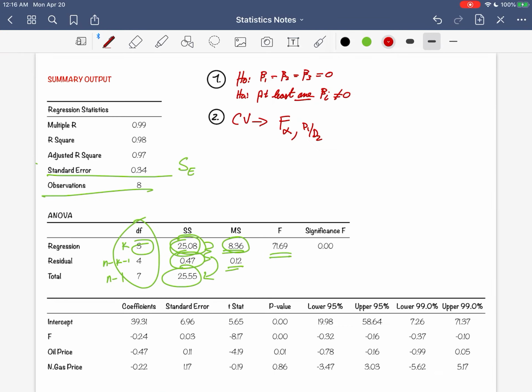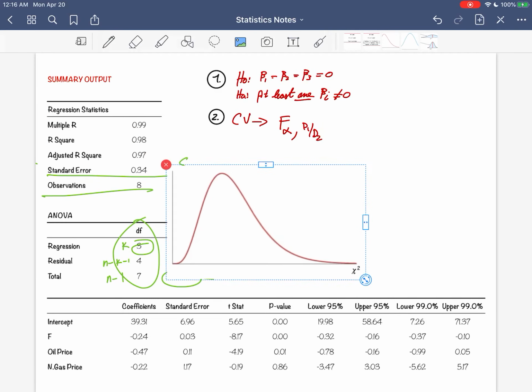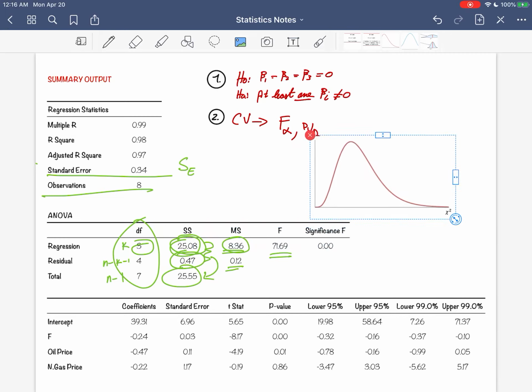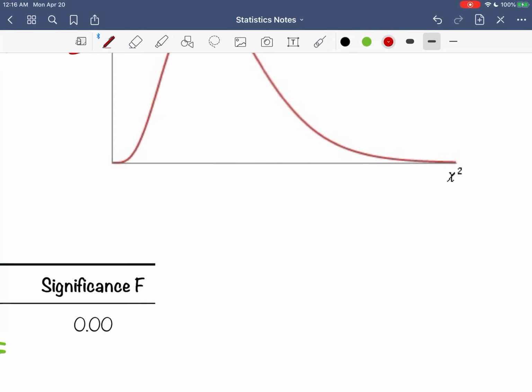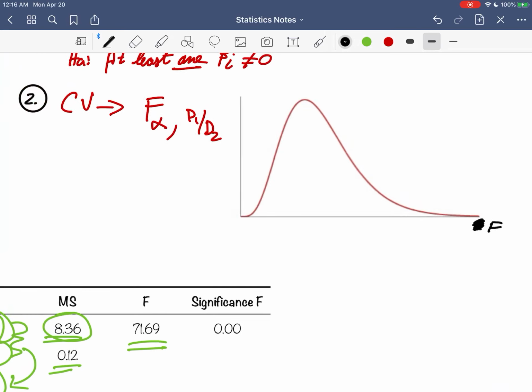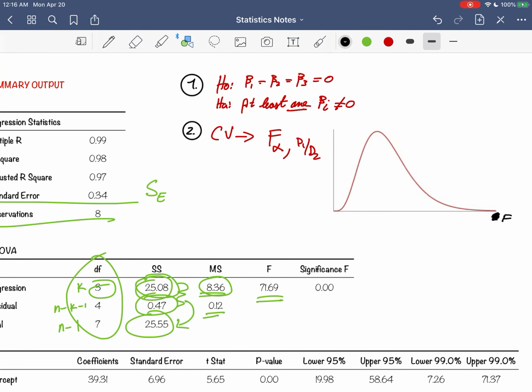And so the F test looks something like this. I'm going to use the chi-squared distribution and change the value. They are very similar in shape. And so you're going to have a cutoff mark here. This is going to be your F critical.